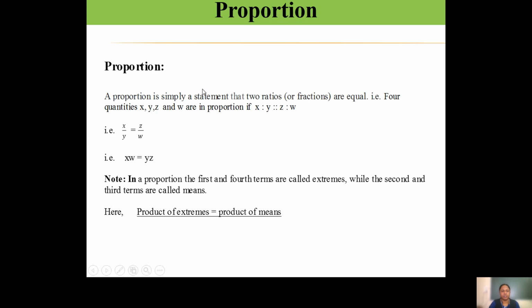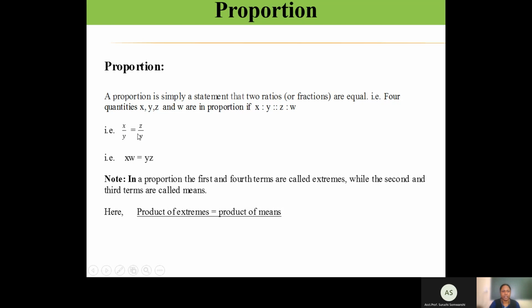Next thing is we'll see the definition of proportion. A proportion is simply a statement that two ratios or fractions are equal. That is, four quantities x, y, z and w are in proportion if x is to y is equal to z is to w.